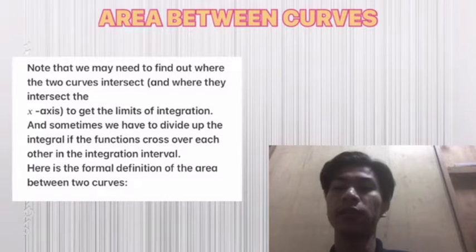Note that we may need to find out where the two curves intersect and where they intersect the x-axis to get the limits of integration. And sometimes we have to divide up the integral if the functions cross over each other in the integration interval. Here is the formal definition of the area between two curves.